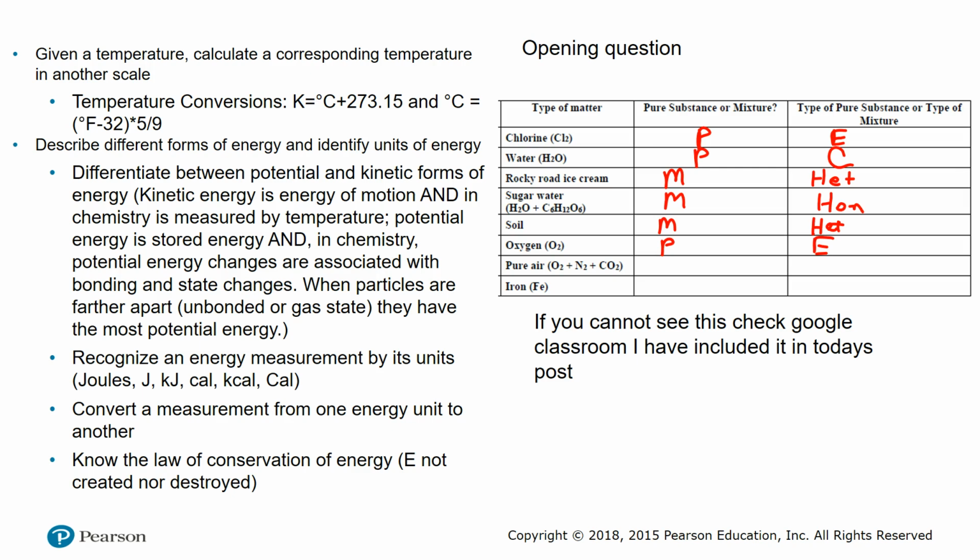It is a mixture. So even though I called it pure air, it's still a mixture of different things. It's a mixture of oxygen, nitrogen, and carbon dioxide. Now, that would be hetero or homo? Homo. Because look around here. Can I see the oxygen? Can I tell where, oh, there's a nitrogen molecule? Can I do that? No.